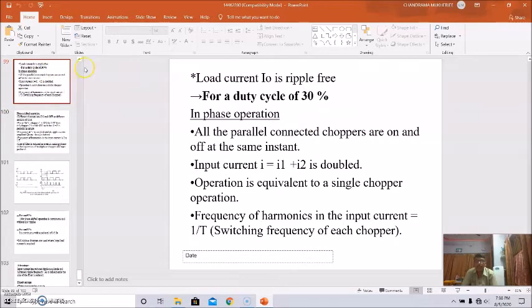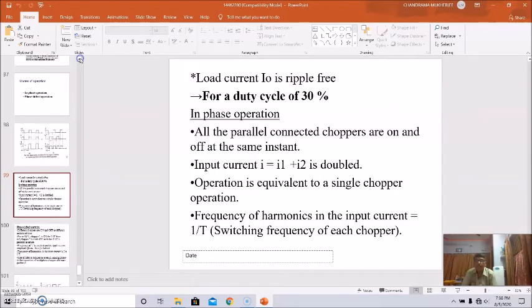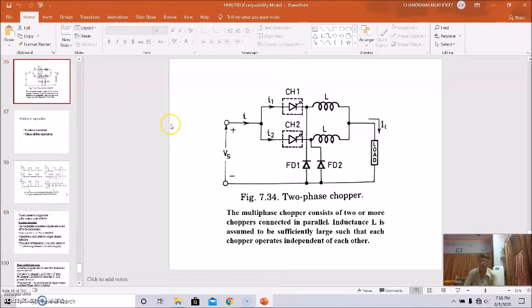A multi-phase chopper consists of 2 or more choppers connected in parallel, and inductance L is assumed to be sufficiently large such that each chopper operates independently of the others, operating at the same frequency but with proper phase shift.